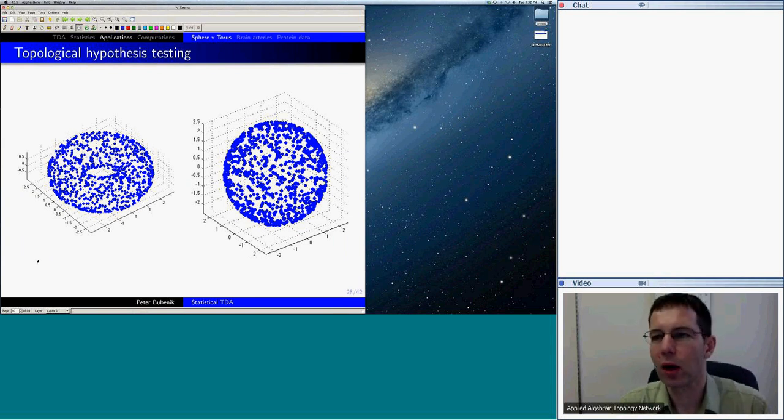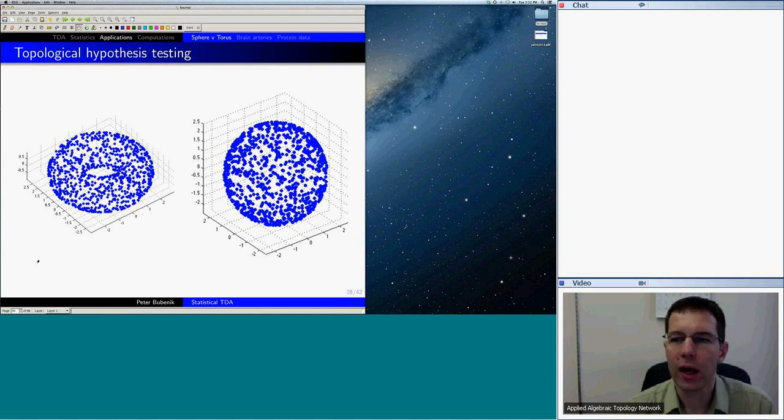So for the last part of my talk, I'm going to look at 3 applications or examples. The first one is a synthetic one. So we have 1,000 points sampled uniformly from the surface of a torus or a sphere in 3 dimensions, and they're scaled so that they have the same surface area.